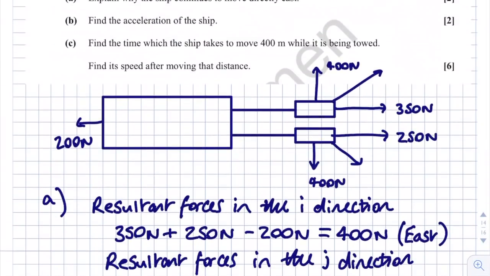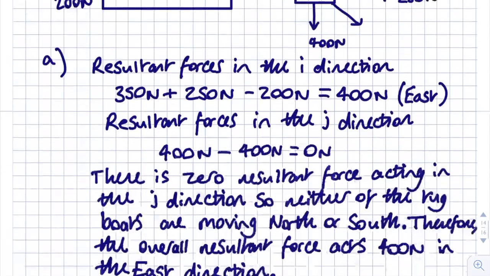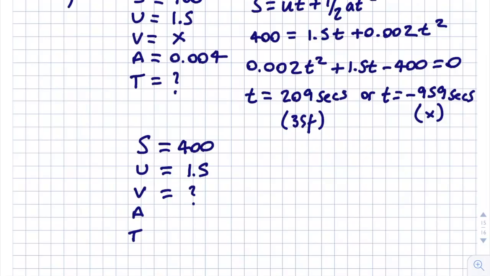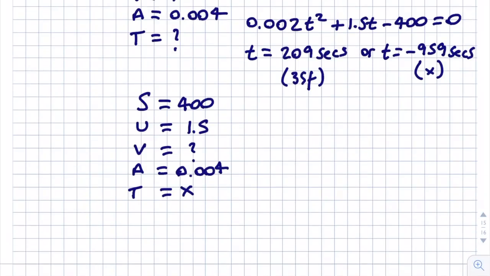And the next part of the question said find its speed after moving that distance. Well, for speed, we can use SUVAT again. So its distance is still going to be 400. U is still going to be 1.5. V is what we're trying to find. A is 0.004, and in this case I don't need t. So I need to find a SUVAT equation which doesn't involve t, where I need to find v. So the SUVAT equation for that is v squared equals u squared plus 2as.